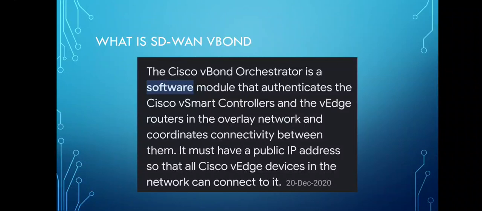So vBond is a part of the overlay network, and it coordinates the connectivity between them. It must have a public IP address so that we can access it, and it will be helping to access all VH devices in the network which are connected to it.